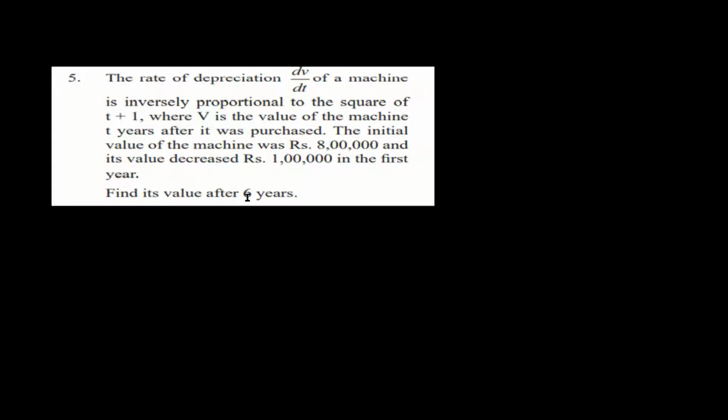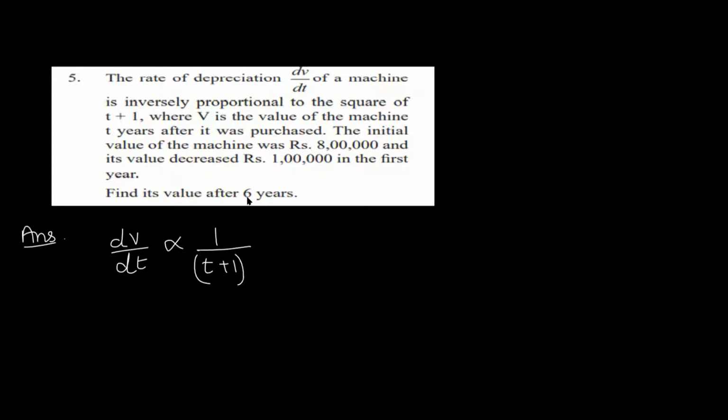So pay attention to how the sum is done. Look carefully. The first condition given is that the rate of depreciation dV/dt of a machine is inversely proportional to the square of t plus 1. We write it this way. It is inversely proportional, which means it is proportional to 1 upon (t plus 1) the whole square.